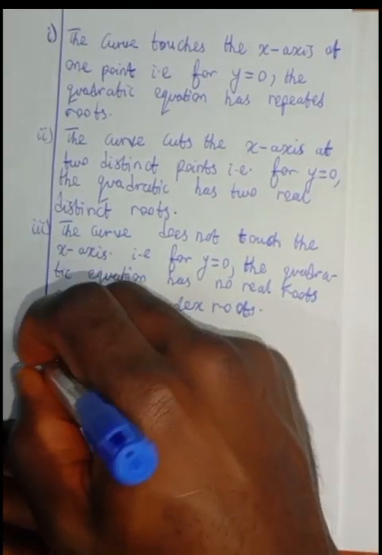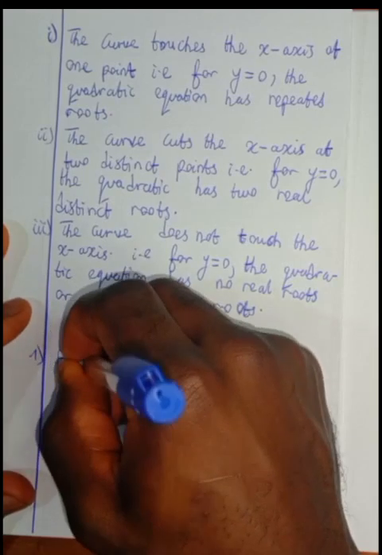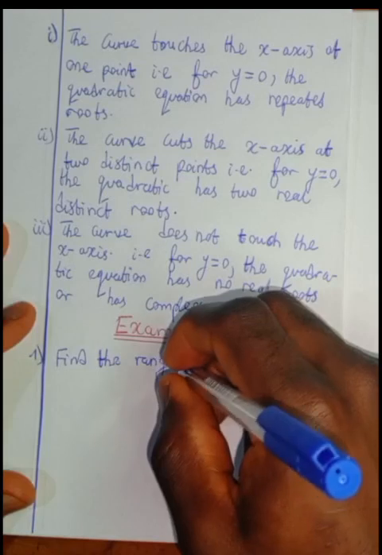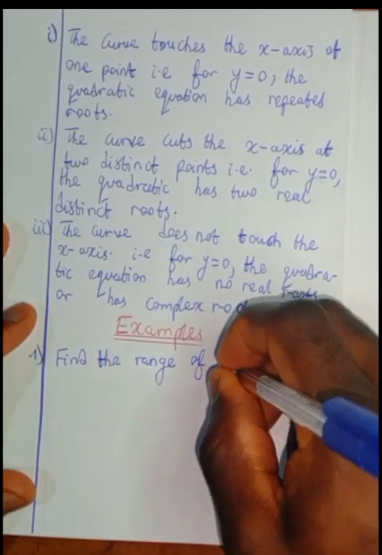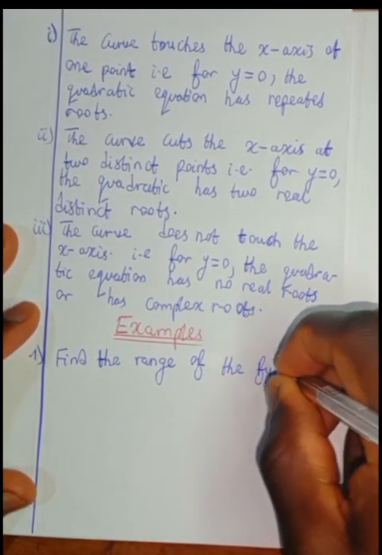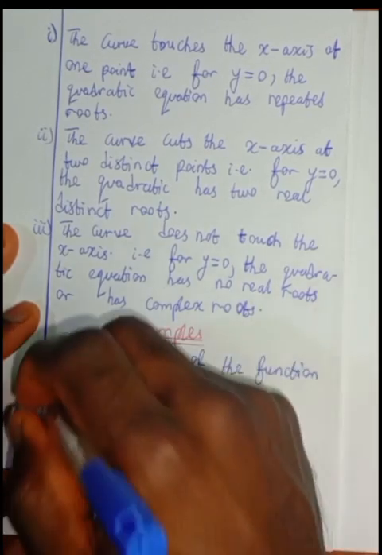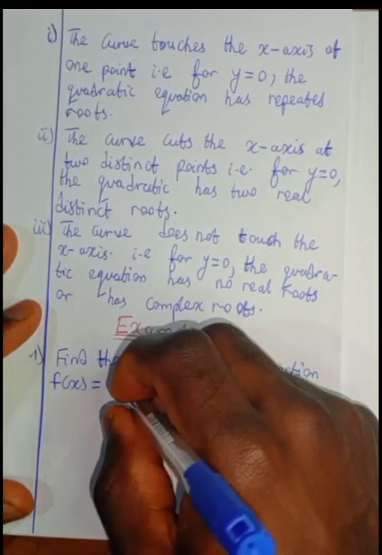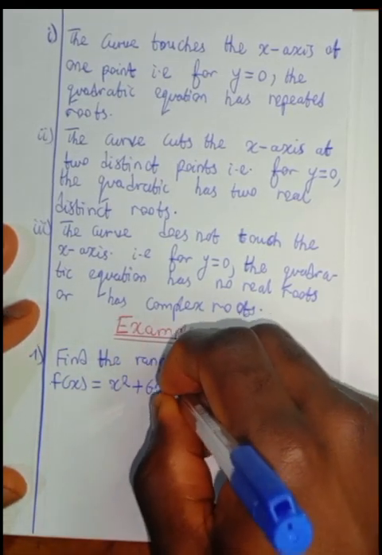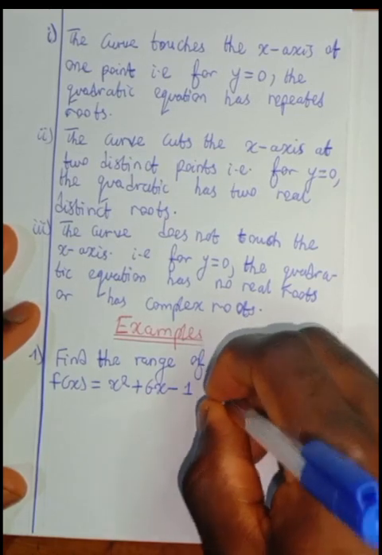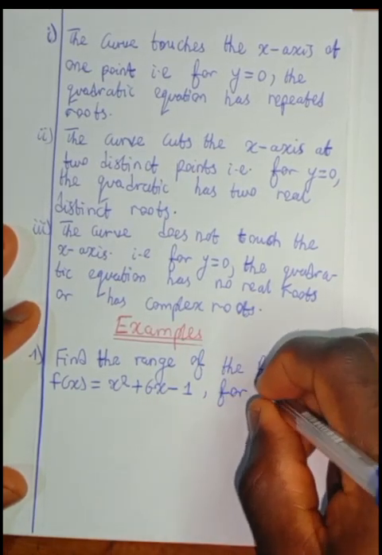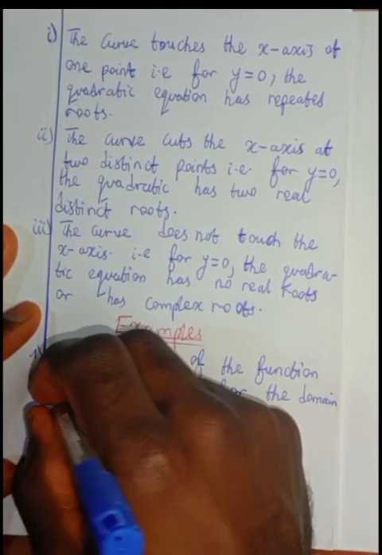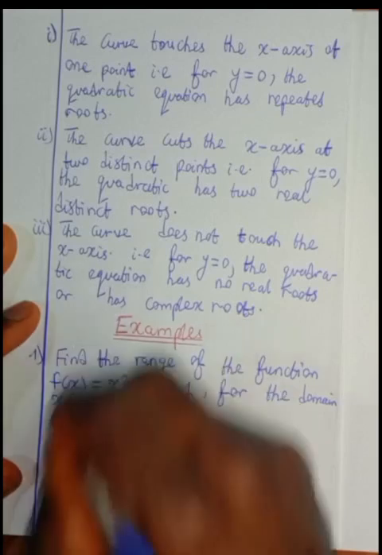Question 1: find the range of the function f of x equal to x squared plus 6x minus 1, for the domain x belonging to the set of real numbers.